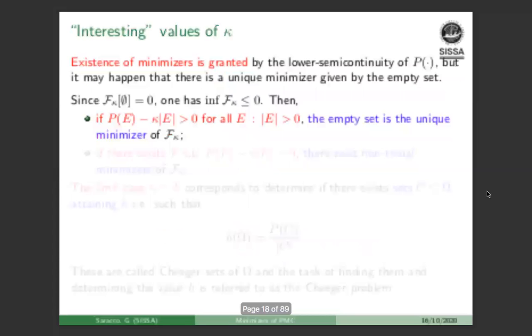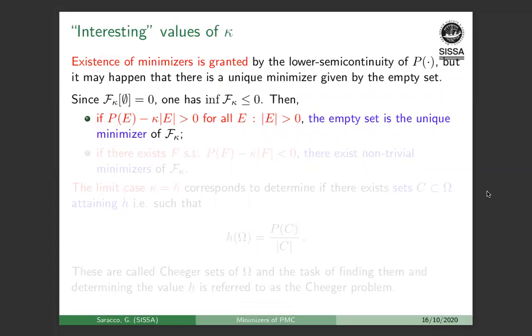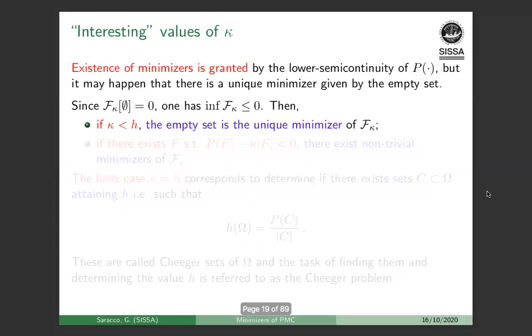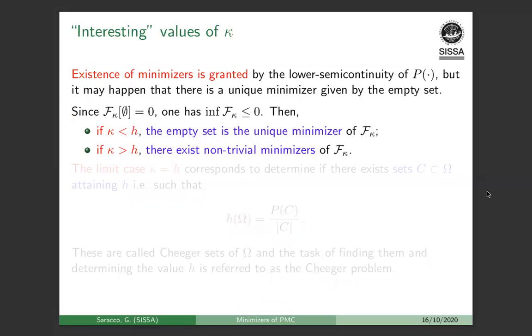Indeed, you can restate the first case, when the empty set is the unique minimizer, in terms of the constant h: if the prescribed constant kappa is strictly less than the Cheeger constant, then you have a unique minimizer which is given by the empty set. Conversely, you can restate the second case as: if the prescribed constant kappa is strictly greater than the Cheeger constant h, then there exist non-trivial minimizers.